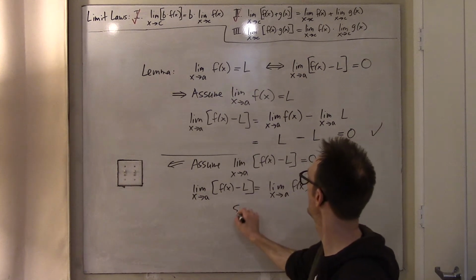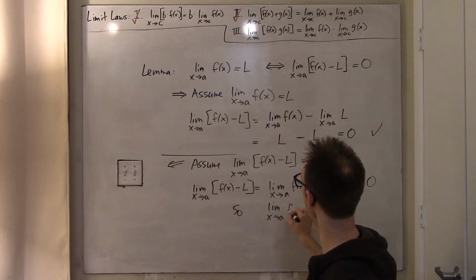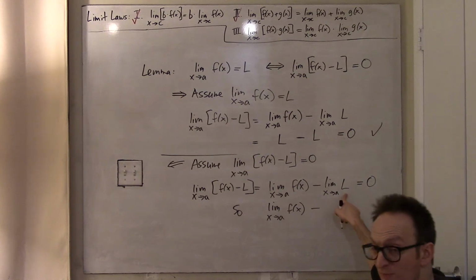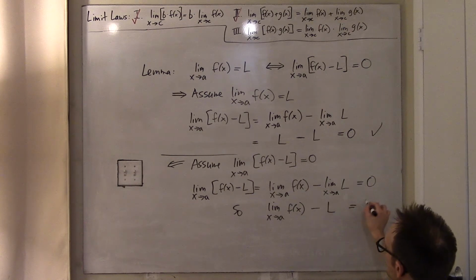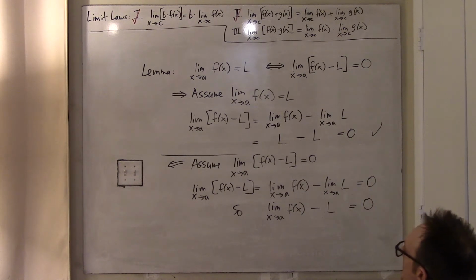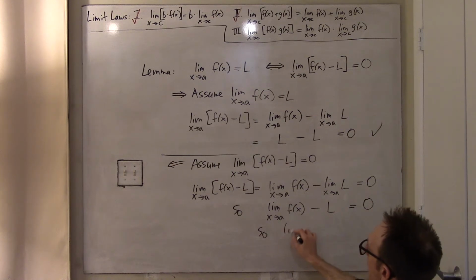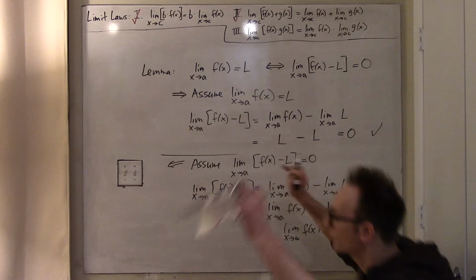So that means that the limit as x approaches a of f minus, well, what is the limit as x approaches a of L? We've previously shown in class that the limit of a constant function is just that constant. And so now this is just a number, so the limit as x approaches a of f is L. Okay, good.